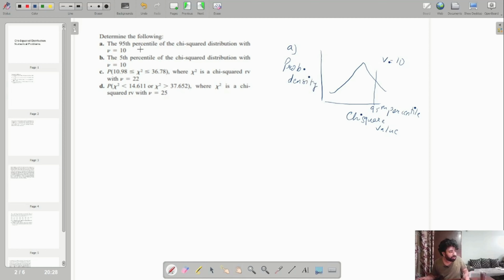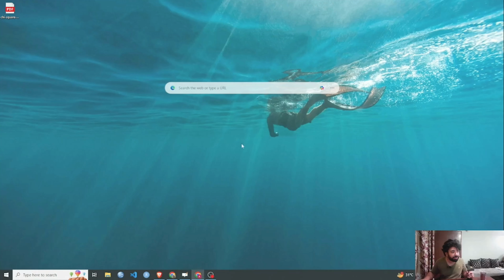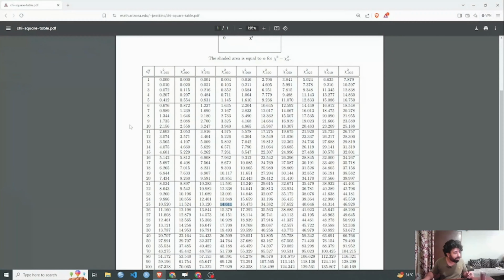So this is just the graphical look of this, and if I go through the table and solve this, so let's go through the table and find out the 95th percentile at degree of freedom 10. So I'll just hide this, and I have chi-square table here. So if I go here and just check at 10, the values are these. Now I have to actually find out the 95 percentile. So at 95 percentile, the value will be 18.307.